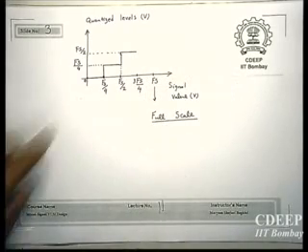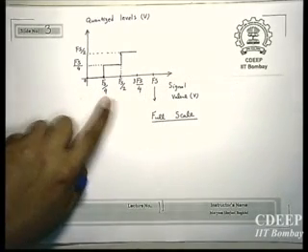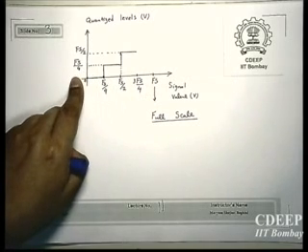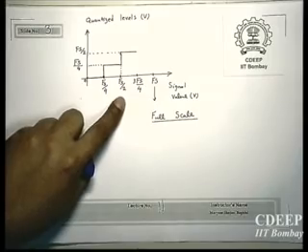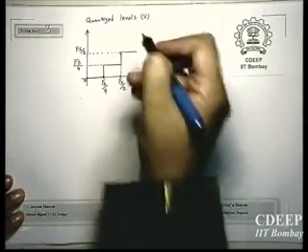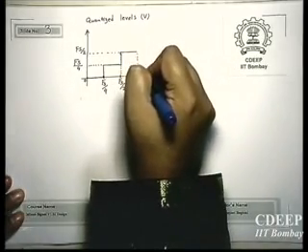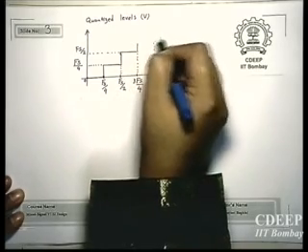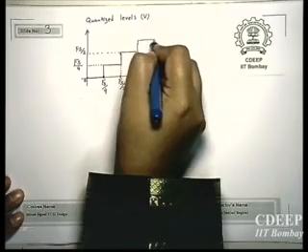If my signal is between Fs by 4 and Fs by 2, it will be mapped on Fs by 4. If it is between Fs by 2 and 3 Fs by 4, it will be mapped on Fs by 2. And finally, if it is between 3 Fs by 4 and Fs, it will be mapped on 3 Fs by 4.